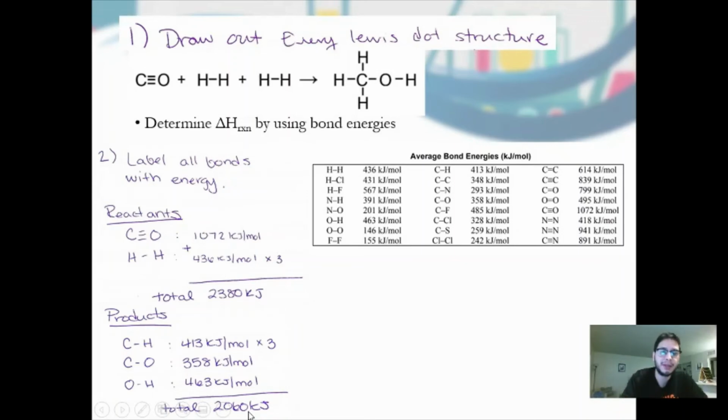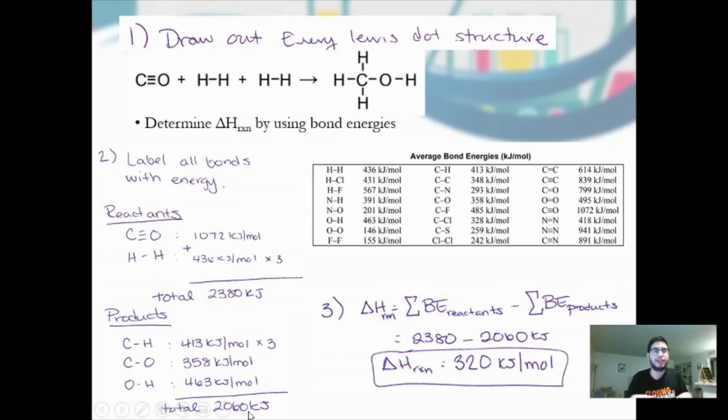My third step is to just subtract the total energy of my reactants minus the total energy of my product. But I made a mistake, so this number is not the correct answer. What I need you to do, and I know that you can do it because you are smart enough, is determine the actual energy of the reactants, because I messed up on the number of hydrogen bonds that I had.